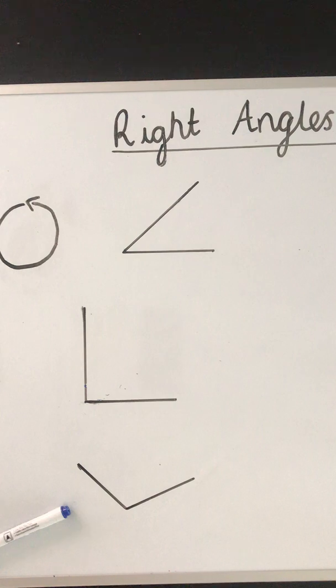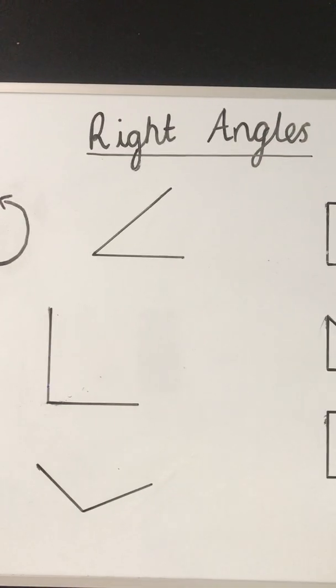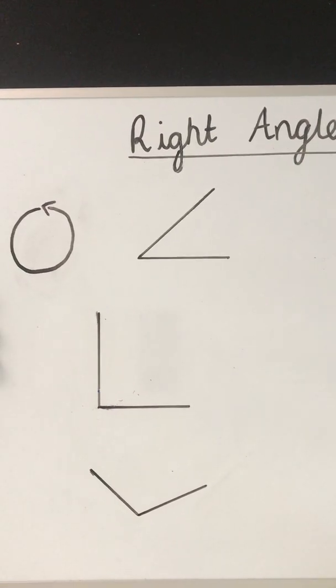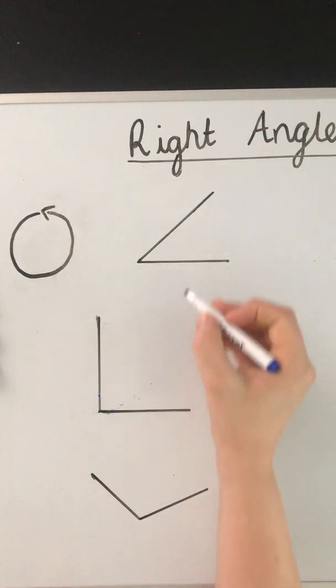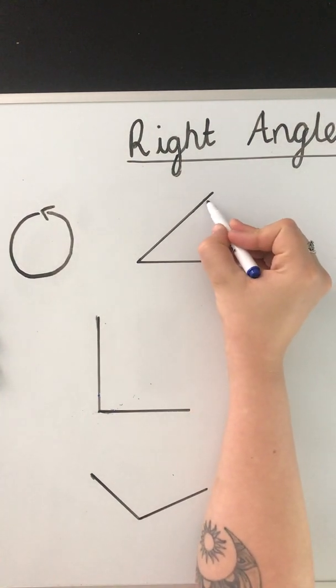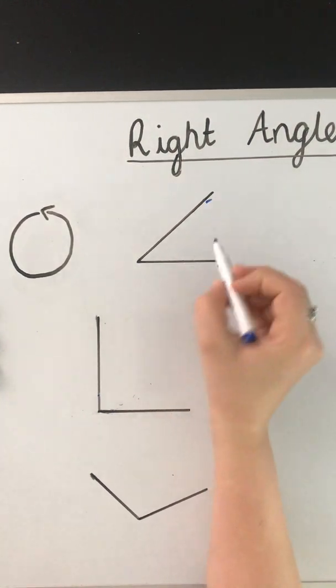Now, for one of your maths tasks this week, you need to be able to recognise right angles, okay? Some of you might have heard of angles before, some of you might not have, okay? So an angle is where two lines meet, okay?